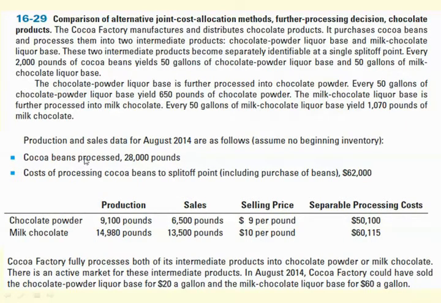Cocoa beans are processed into intermediate products, which are chocolate powder liquor base and milk chocolate liquor base. These are our main two intermediate products. These two intermediate products are further processed into two final products, which are chocolate powder and milk chocolate.